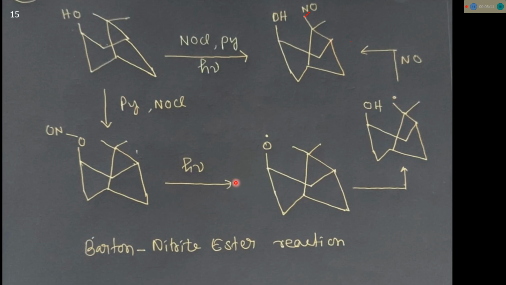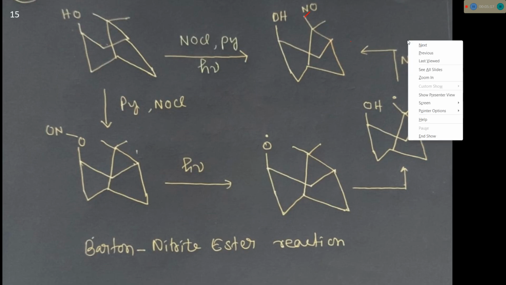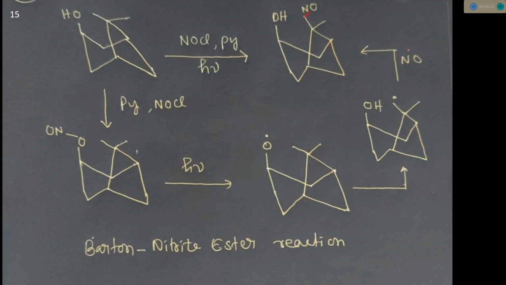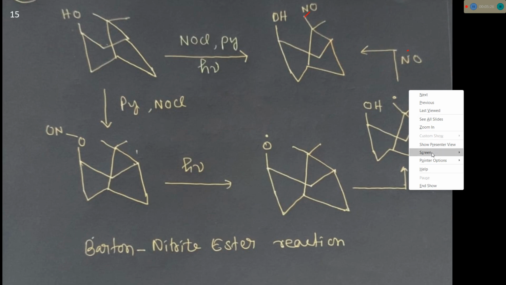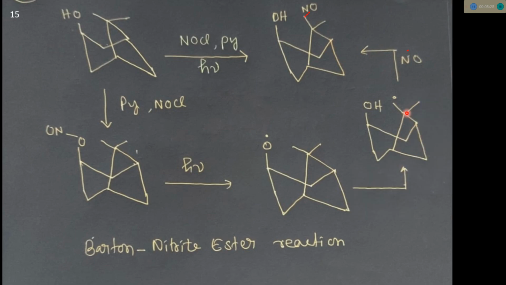This alkyl radical is now attached with the NO dot released in this step. So this alkyl radical attaches with this NO dot to form this kind of molecule, alpha, beta, gamma, delta.